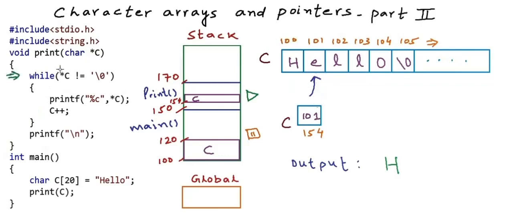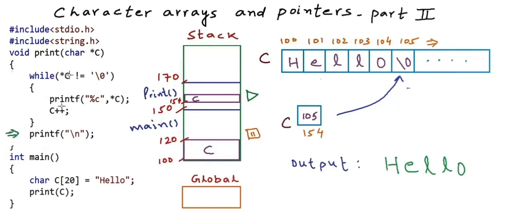And once again we come to verifying this condition in the while loop. Asterisk C is E here, it's not null. Once again we will go inside the loop and print E, and we will keep on going like this till the address in this pointer variable reaches 105. Now here the value at this particular address is null character, so the loop will not execute.